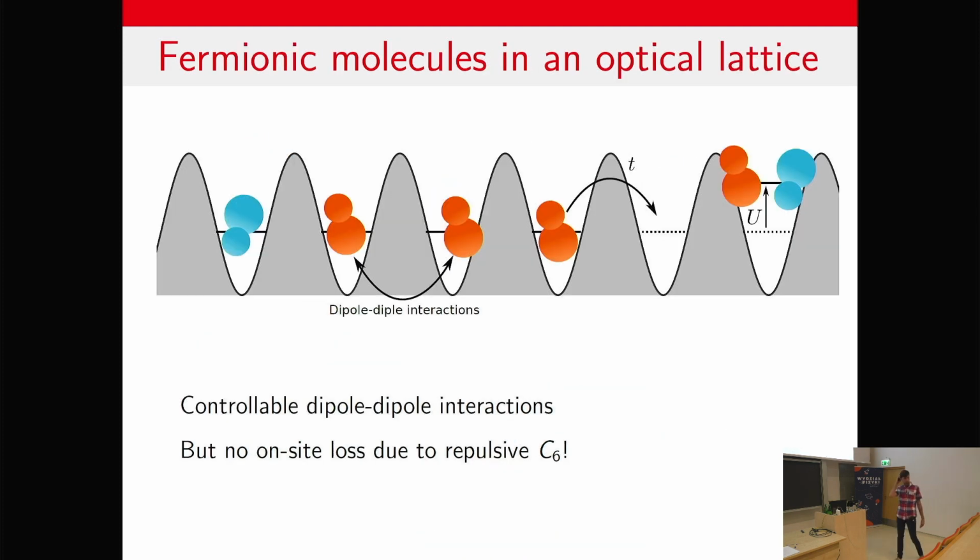So I think that's very nice for a number of applications. I'd just like to sketch a few. Maybe the most obvious one is quantum simulation with molecules in optical lattices.